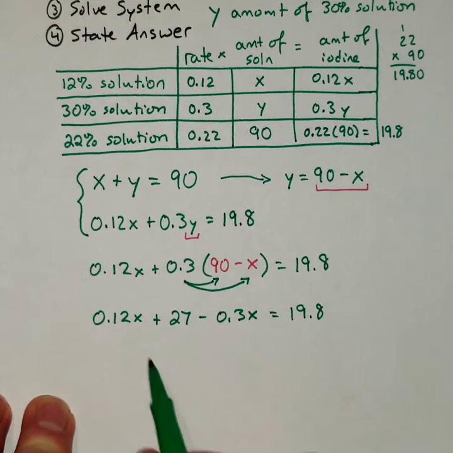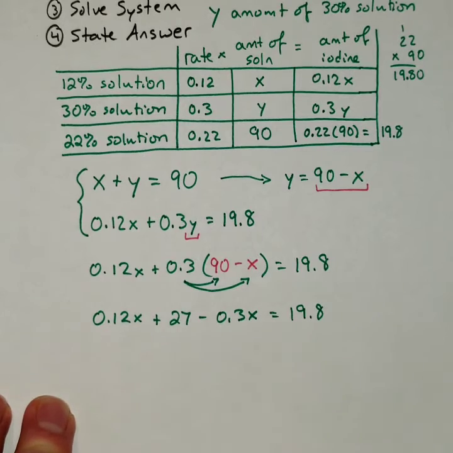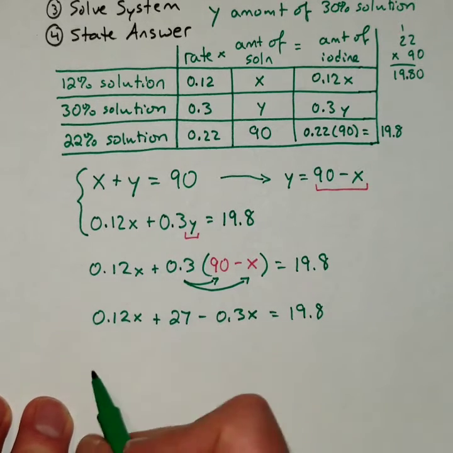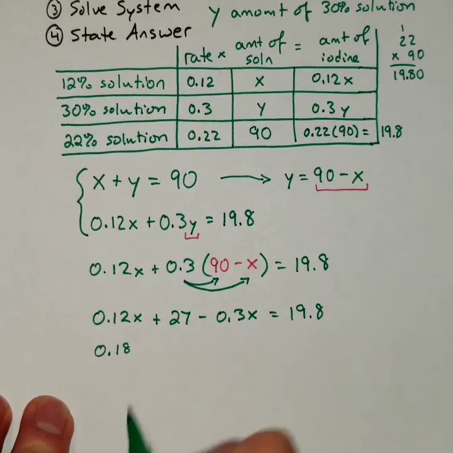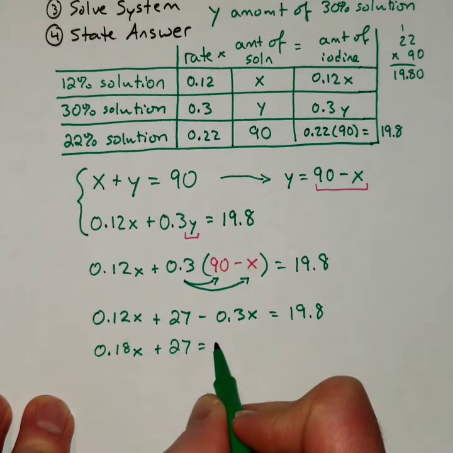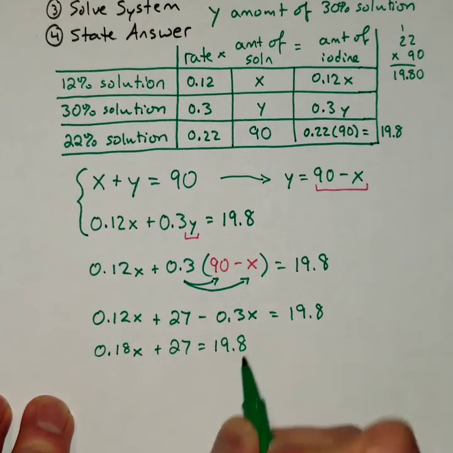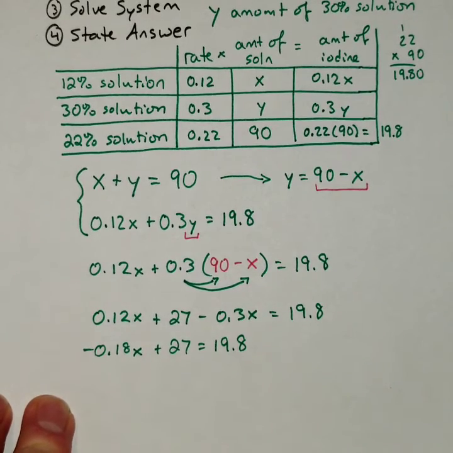And then I'm going to combine my like terms. Now 0.12 minus 0.3 is going to be what, 0.18. It's like 30 minus 12. So negative 0.18x plus 27 equals 19.8, because my bigger one is the negative one, so that should be negative right there.